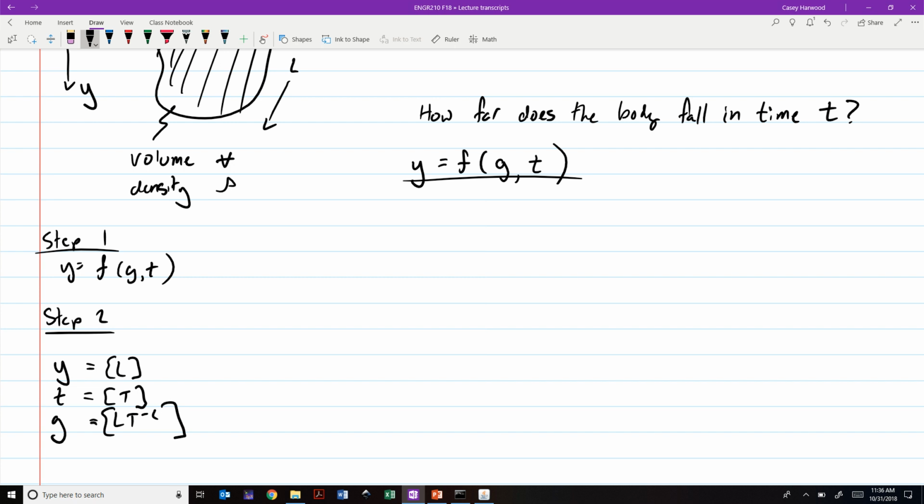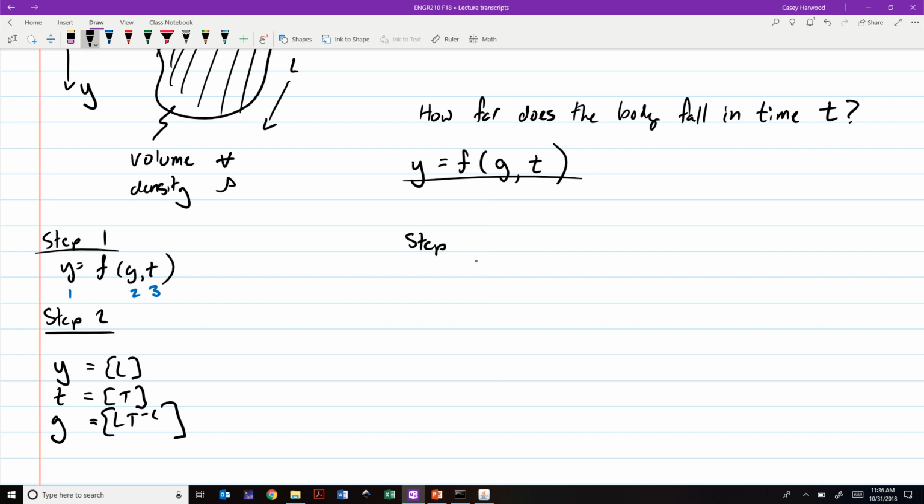Right. So step 3 is figure out what our values of k and r are. So we've got number of dimensional variables: 1, 2, 3. How many reference dimensions do we have? Only two. Mass never shows up. Temperature never shows up. We have length and we have time.